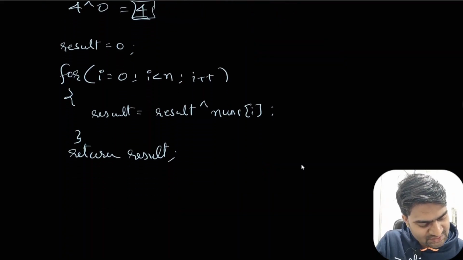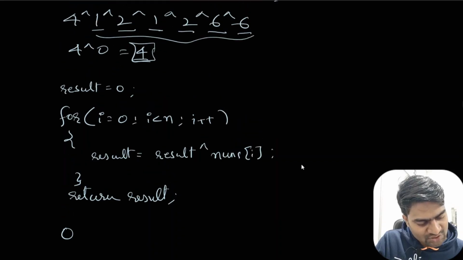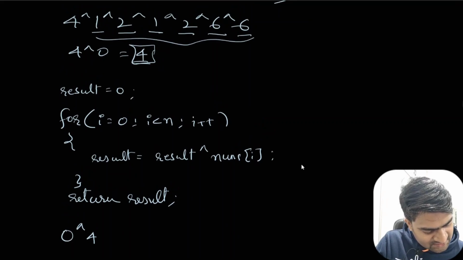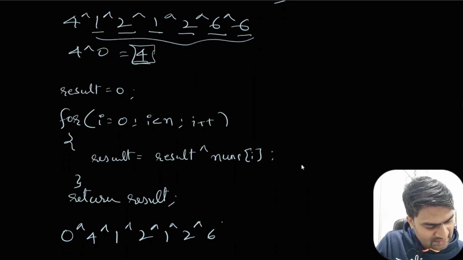So what is this doing? Initially result is 0. Then it XORed it with 4. Then it XORed it with 1, 2, 1, 2, 6, 6. So this is the total XOR equation.